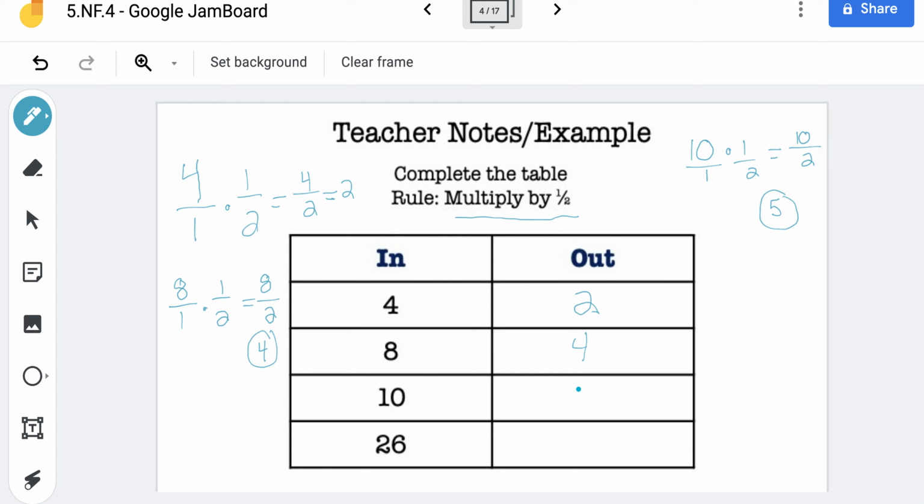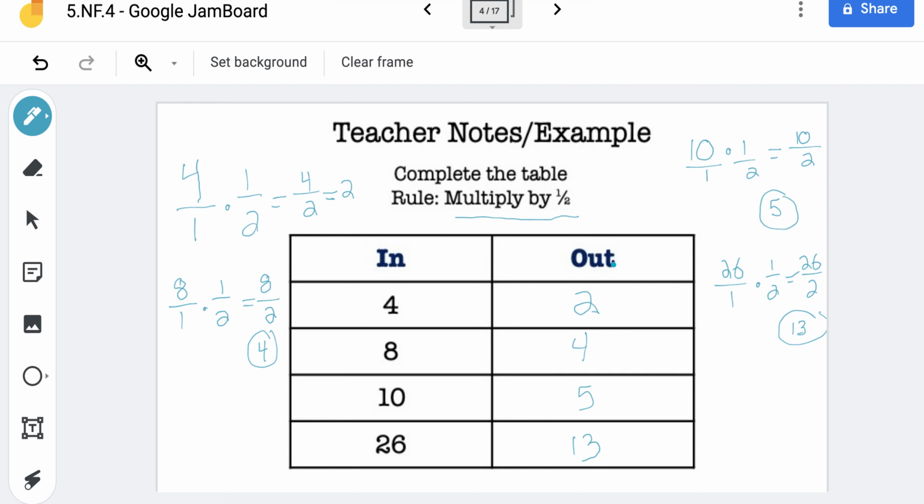So this is going to be 5. And our last one is going to be 26, so it's 26/1 times 1/2. When I do that, I get 26 on the top and 2 on the bottom. And 26 divided by 2 is 13. So 13 is our output.